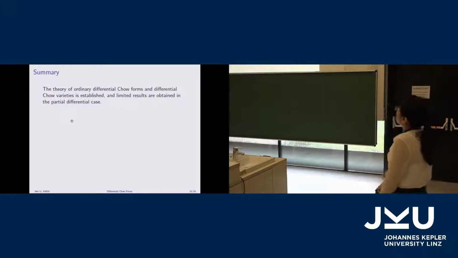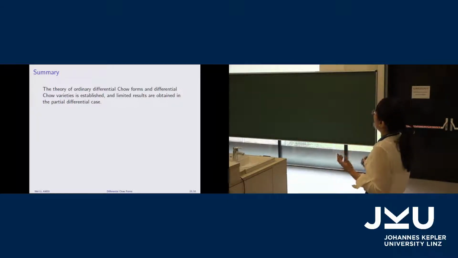Okay, let's summarize the results we got and propose new problems. So we established the theory of ordinary differential Chow forms and ordinary differential Chow varieties. But for the partial differential case, only very limited results are obtained.